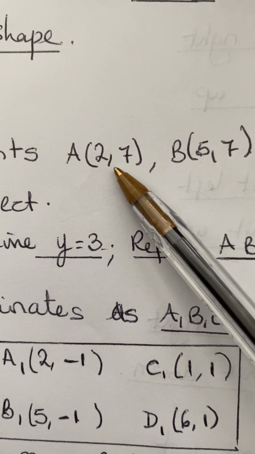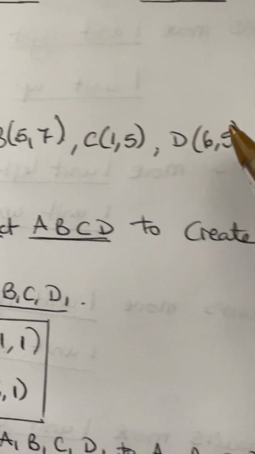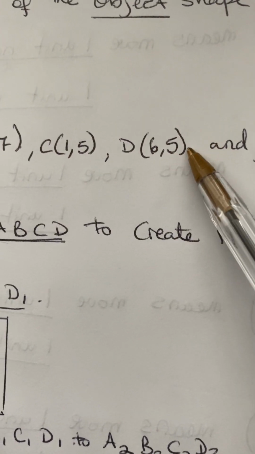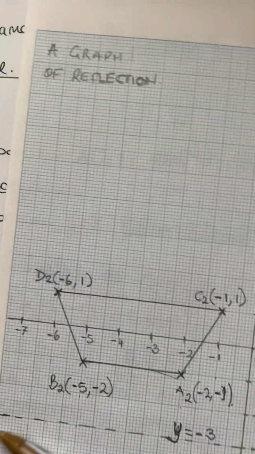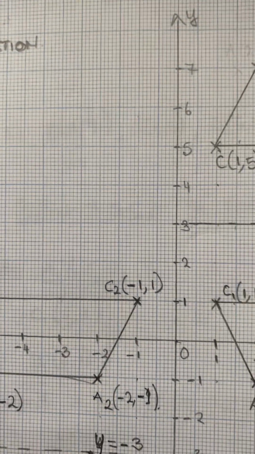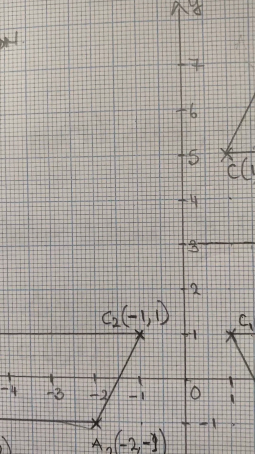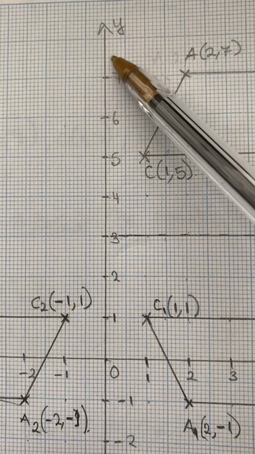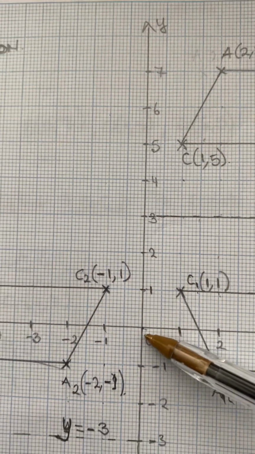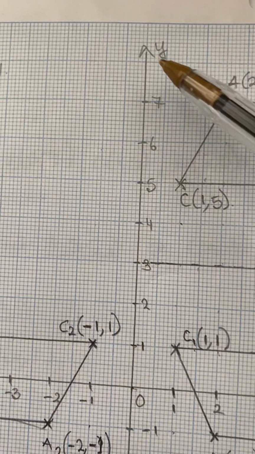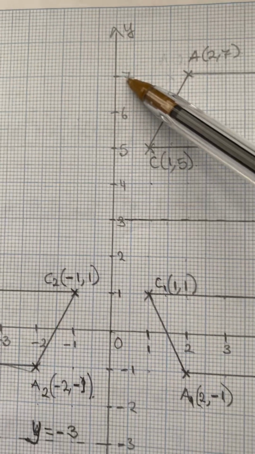So look at the points. There is 7, 5, and 5. So what I did was, even if I'm going to reflect, it shouldn't go beyond 7 and 5. On the y-axis, I started from 0 and ended up at 7.